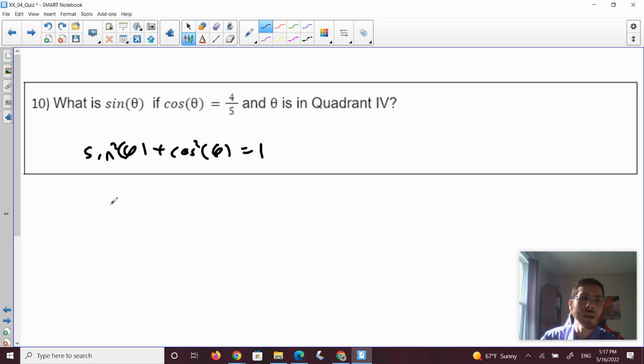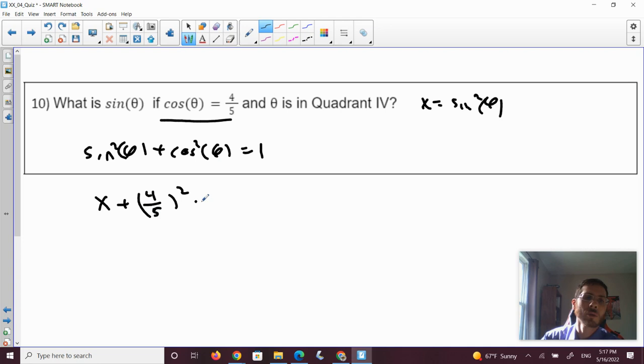If I call sine of theta x, then cosine of theta is 4/5, so we'll do 4/5 squared. So x squared plus 16 over 25 equals 1.